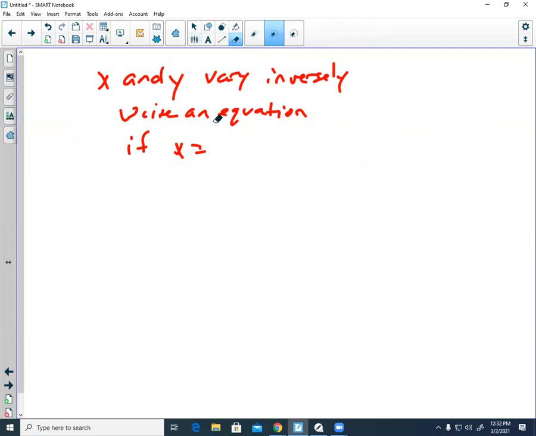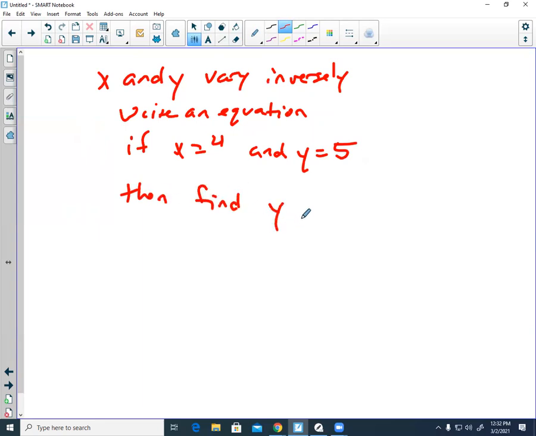X equals 4 and y equals 5. Then find y if x equals like 10. So you're going to notice it actually gives you every single thing that you need, and it takes all of the stuff that we just did in our table into account.